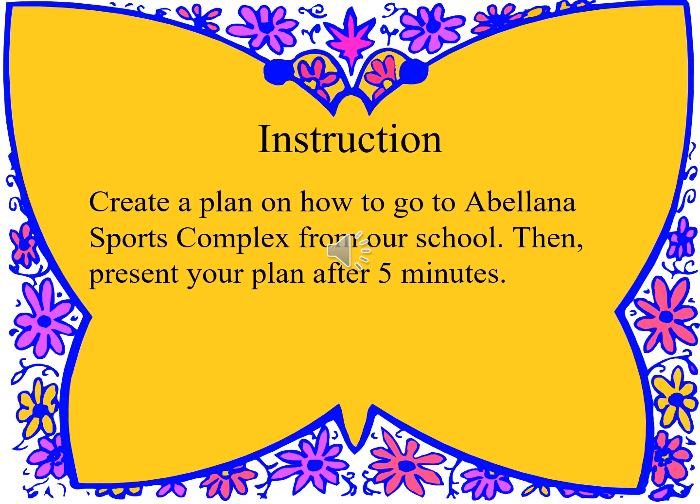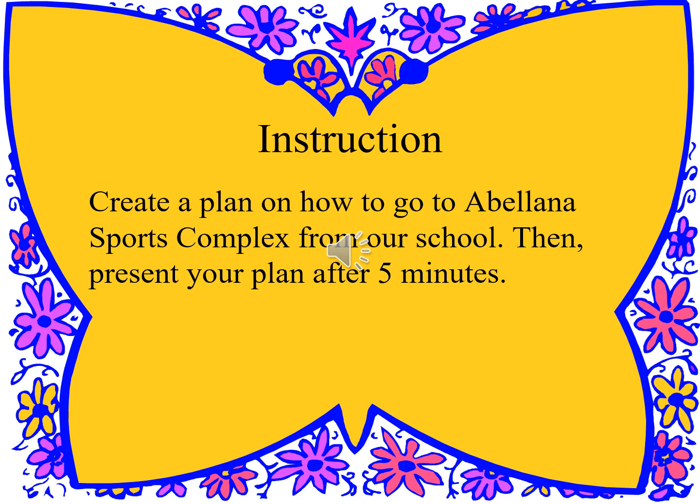Now, here's the instruction for this activity. It's for you to create a plan in going to Abiliana Sports Complex from our school. So that means from Zapatera National High School to Abiliana Sports Complex, not Abiliana National High School. That's Abiliana Sports Complex.